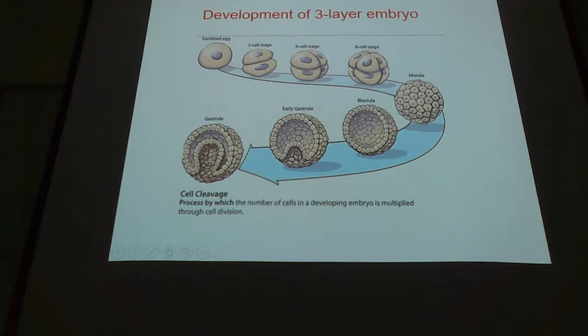Each of these two cells divides to become four cells, so we call it the four-cell stage. Each of these four cells divides to become 8 cells, right? And so on. After 8 is 16, and then 32, 64. Then you have a morula. The morula is already between 64 and 100 cells.